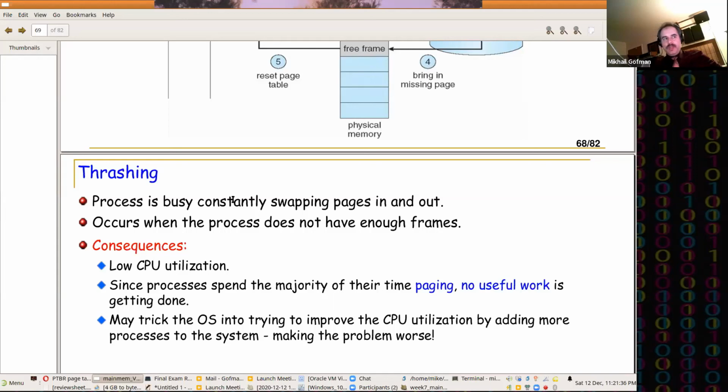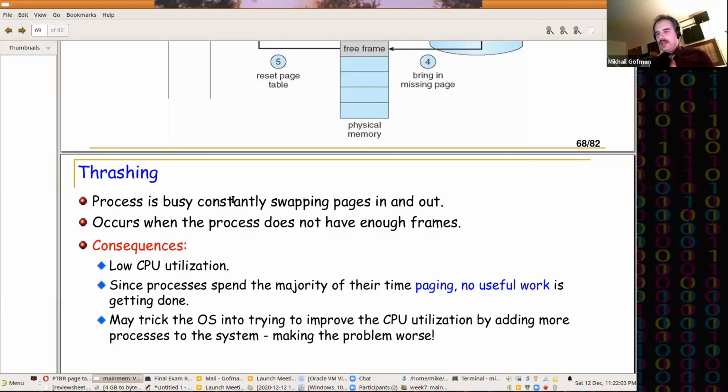So as a result, in order to accommodate all of the processes, let's say that processes want more memory than we have physical frames available. In that case, some of the frames will have to be stored on the disk, and some will have to be stored in the physical memory.